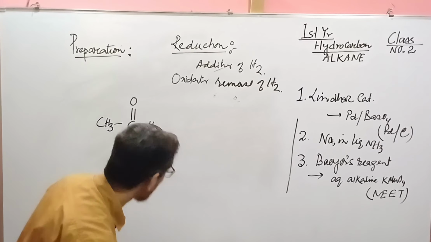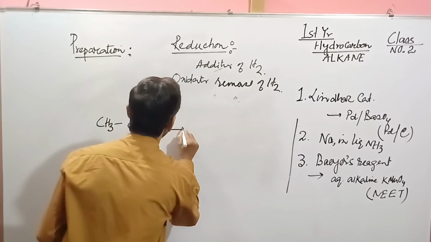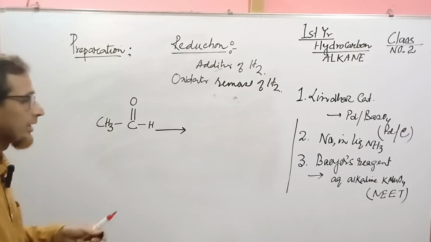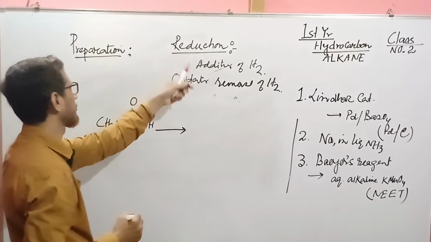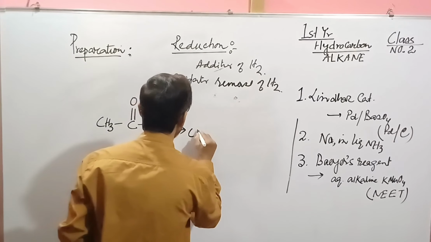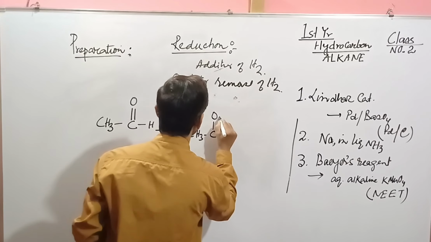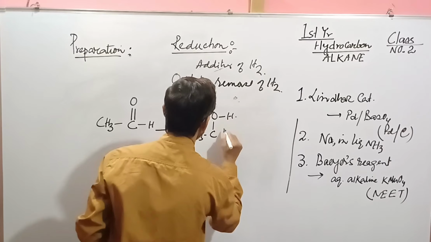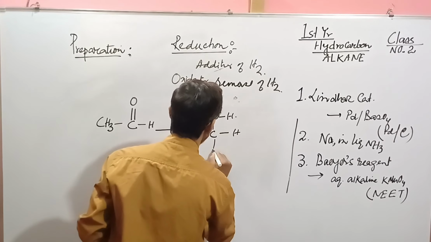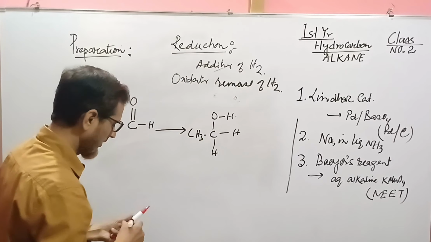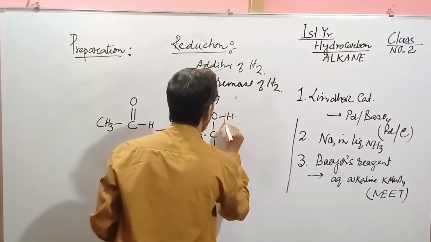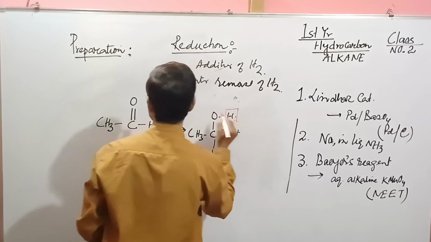Let me show it very slowly. I am showing it, just follow. You yourself will become expert at converting addition, oxidation and reduction. CH3, C O, H H H. So you see the style of addition of hydrogen.